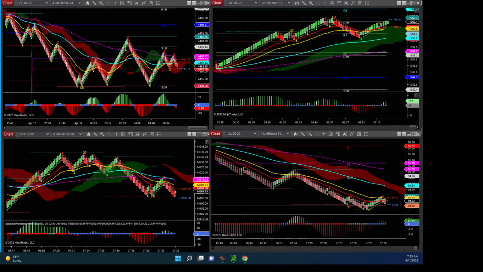Some resistance here in this double top, so there's a double top right here in there, see? So double top in gold. That looks good.